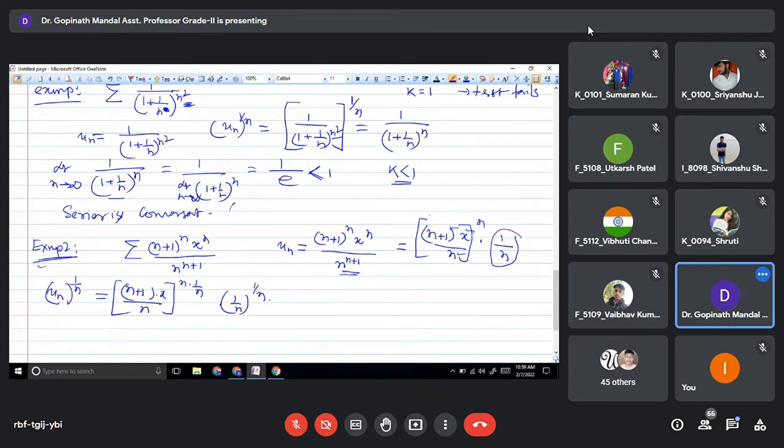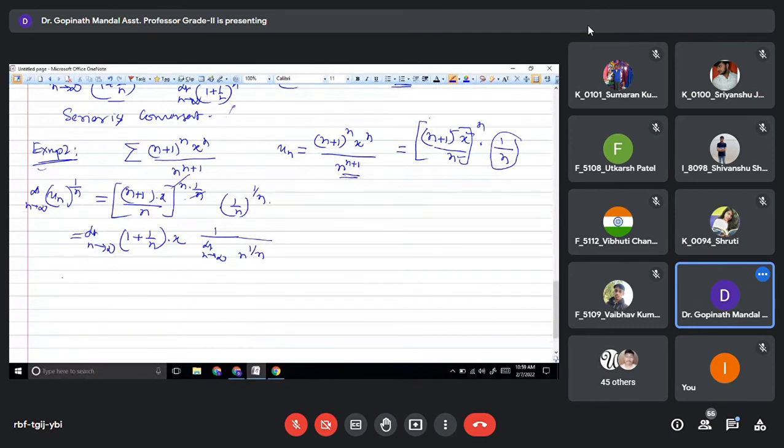Now the limit of 1 plus 1 by n is 1 plus 0, into x, and the limit of n to the power 1 by n is 1, so actually this is x.